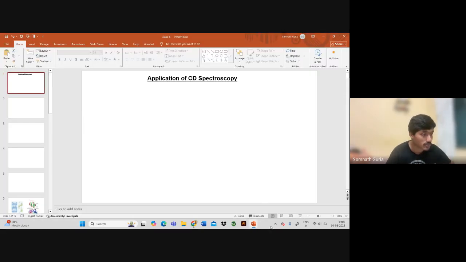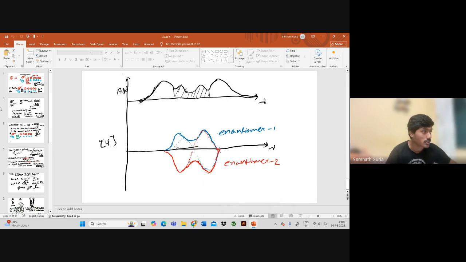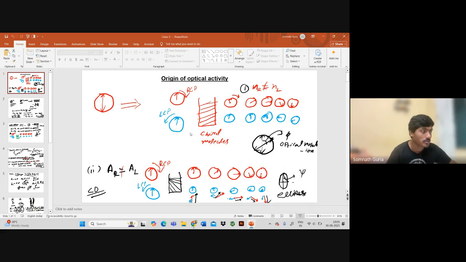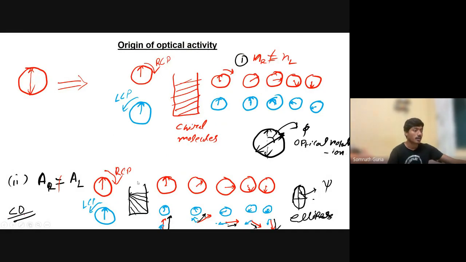Okay, so let me recapitulate these things. We have our circularly polarized light, and one of my molecules is present in the solution. We have the RCP and the LCP.